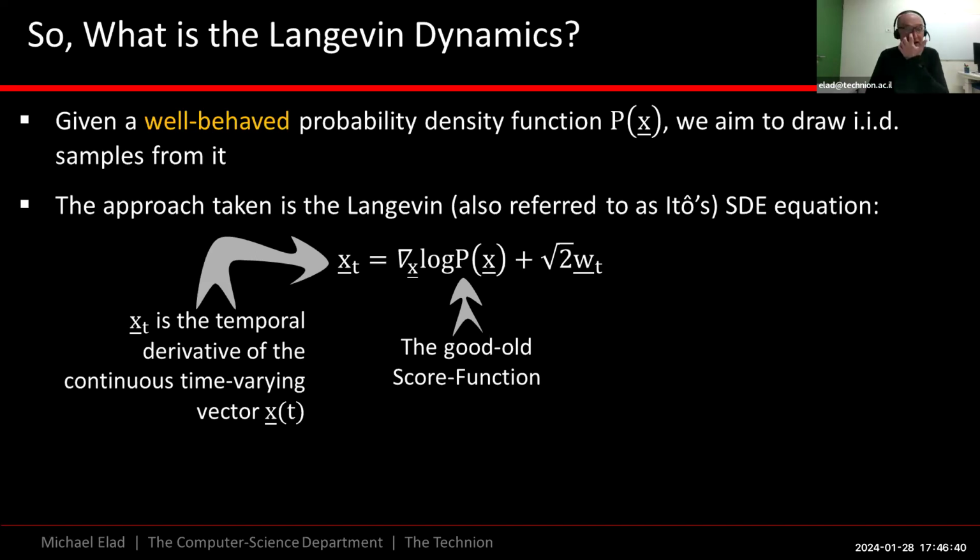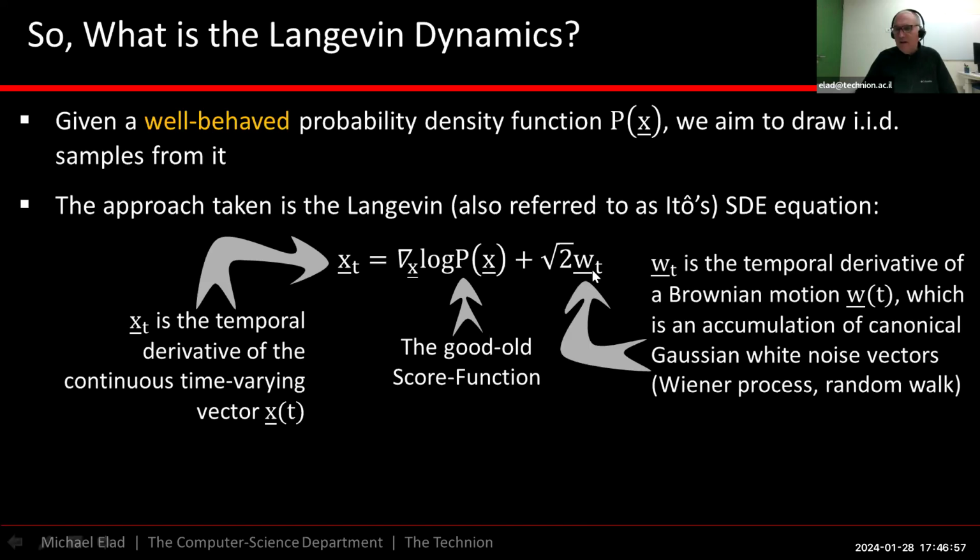Keep creating random Gaussian vectors, every one of them independent of all the previous ones, and keep adding them, keep piling them on top of each other, and you will have a random walk that somehow gets away from the origin. This is the process W of t. W dot t here says the derivative of it. Now, what is the derivative of it? The derivative is exactly this infinitesimal vector that you added to move from t to t plus epsilon.